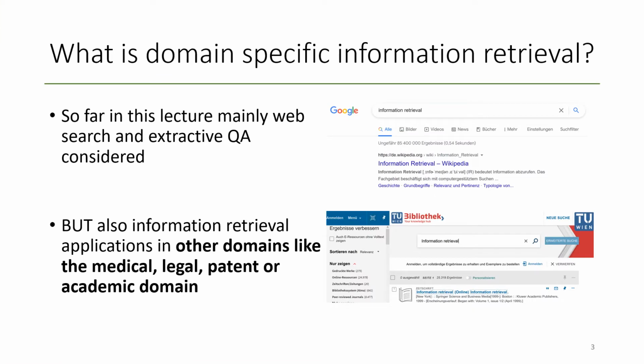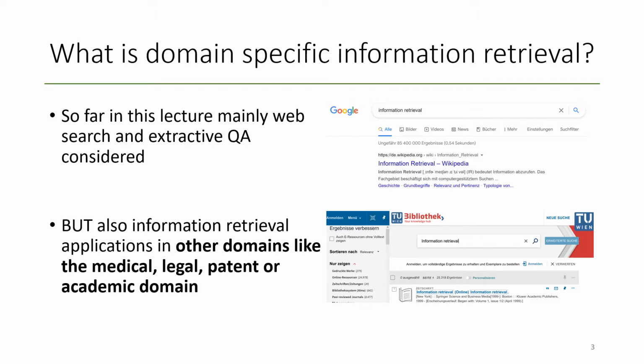So first of all, we ask ourselves, what is domain-specific information retrieval? So far in this lecture, there was mainly web search and extractive question answering discussed, like Google, which is a normal web search application. But there's not only Google out there; there are lots of other domains where there are needs for search engines and information retrieval methods.